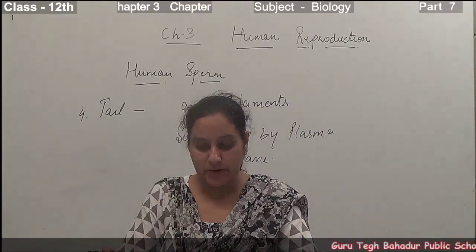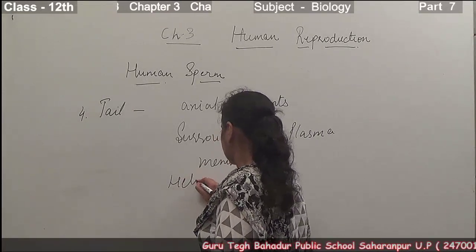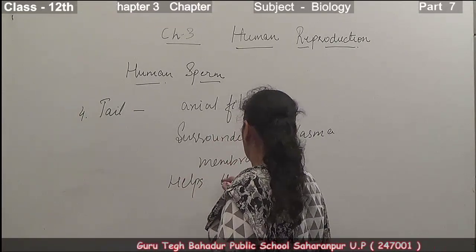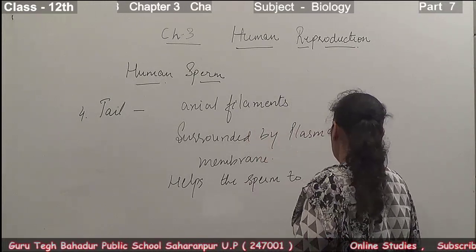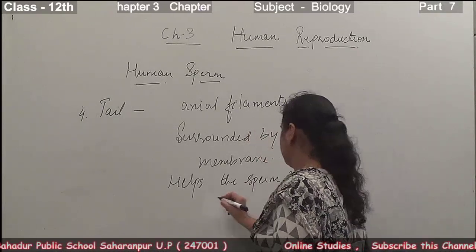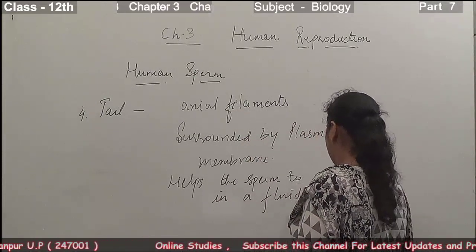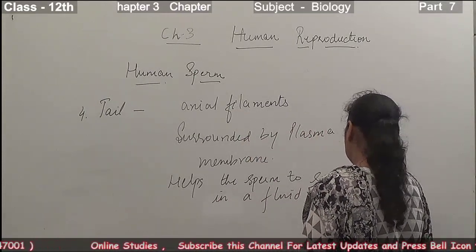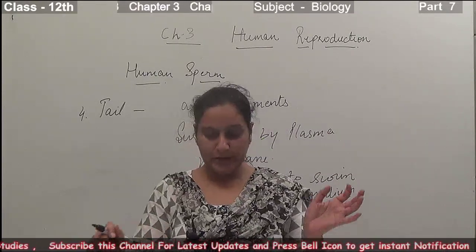Now what is the function of the tail? It helps the sperm to swim in a fluid medium.